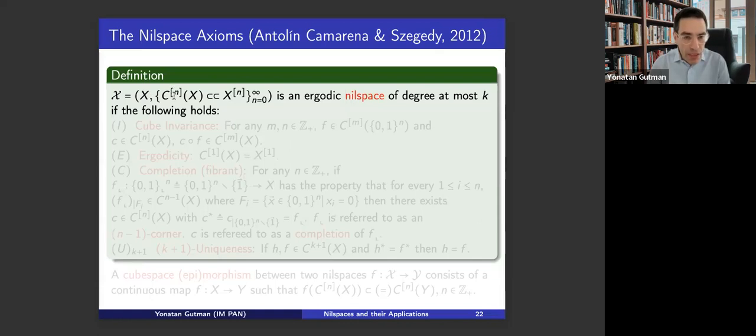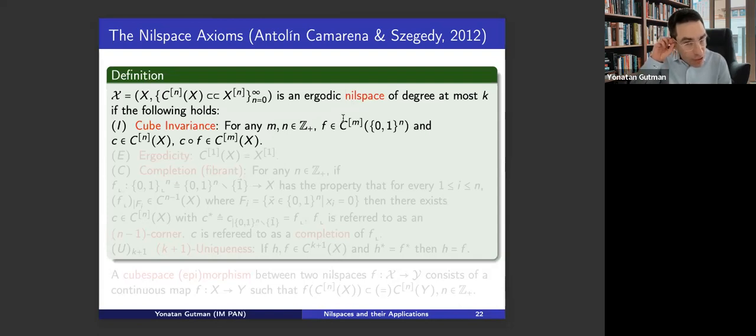I see here I used a shortened notation: when I write square bracket n, I mean the discrete n-dimensional cube, so {0,1} to the power n. We call this an ergodic Nilspace, or just a Nilspace, sometimes without the terminology of ergodic, of degree at most k, if it has the following axioms. These are the three axioms.